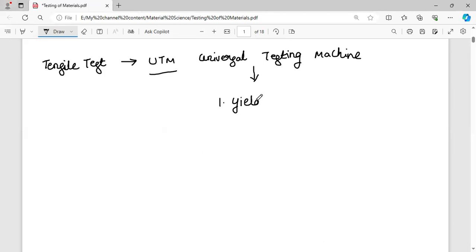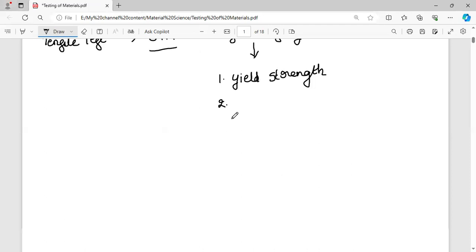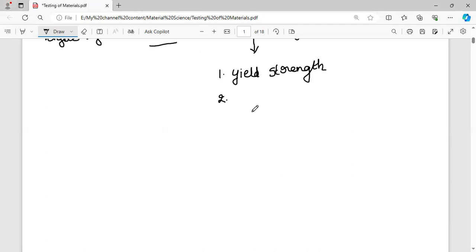One is yield strength. Yield strength can be found out by using the Universal Testing Machine. Next, percentage of elongation. Elongation is nothing but the change in dimensions or change in length.